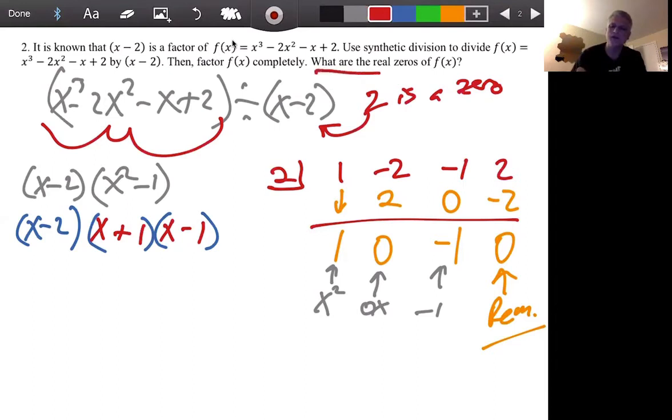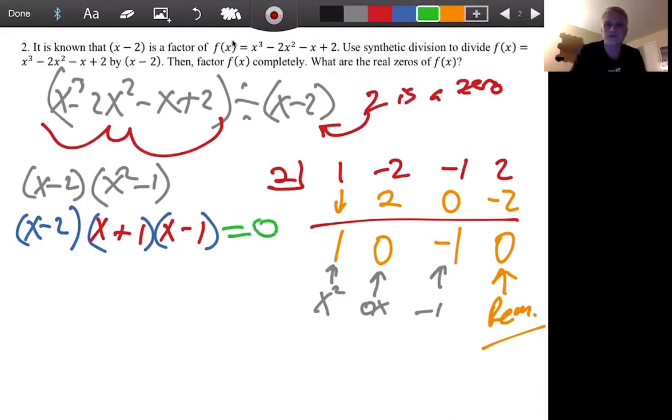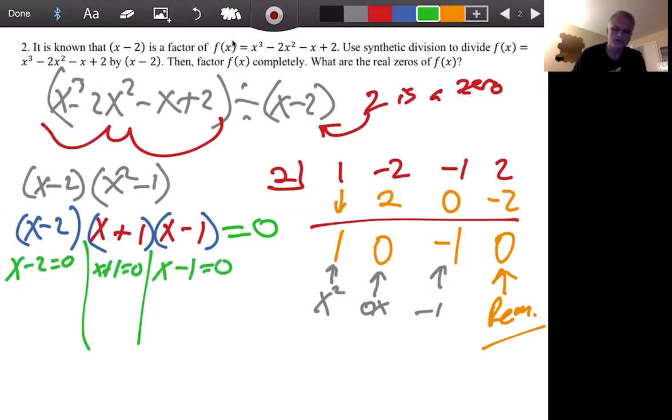Now it asks me, what are the real zeros of f of x? So remember, zeros are x-intercepts. How do you find x-intercepts? You substitute 0 for your y. So if we say they equal 0, these are all factored out, so we can just split it. So x minus 2 could be 0, x plus 1 could be 0, x minus 1 could be 0.